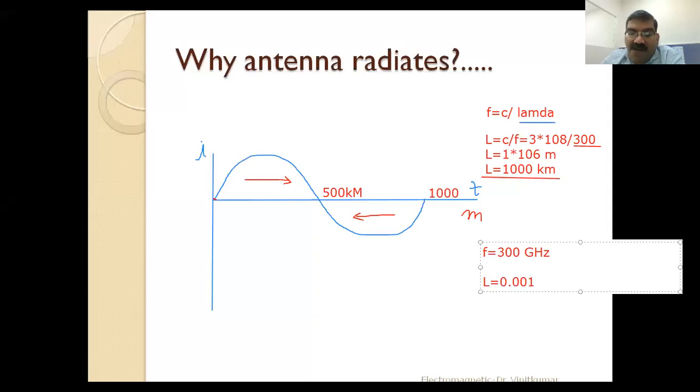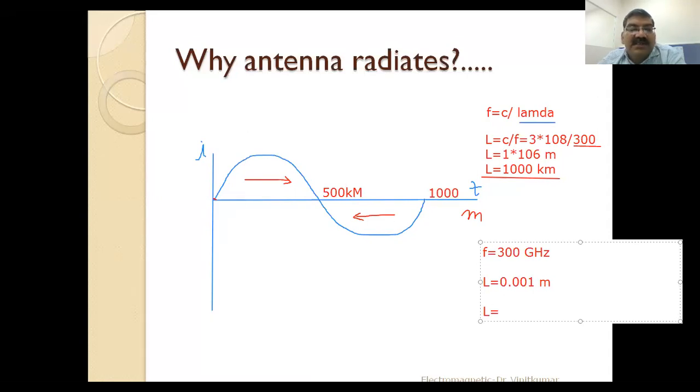Is it correct? Anybody can give me the calculation. Simply, 300 gigahertz means 300 into 10 to the power 9, and lambda by this formula is C by f. So is it 0.001 meter? Quickly.